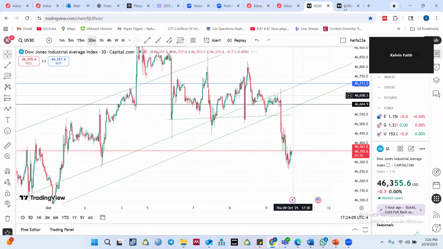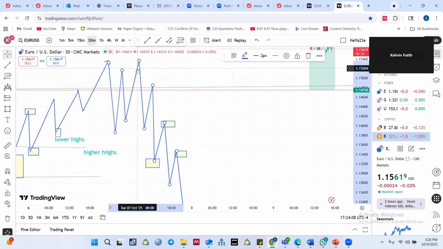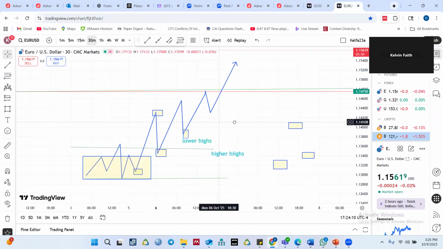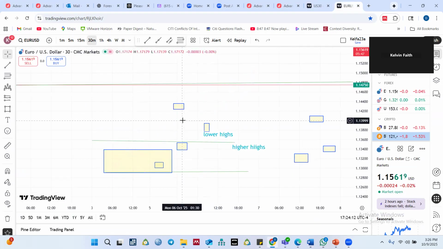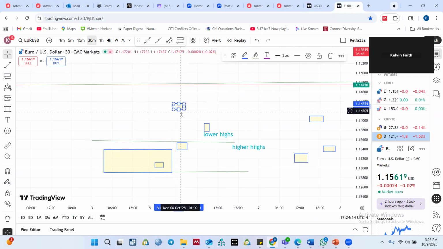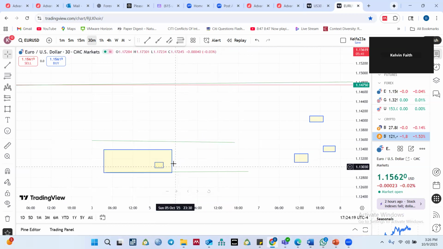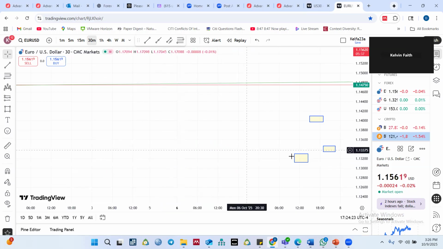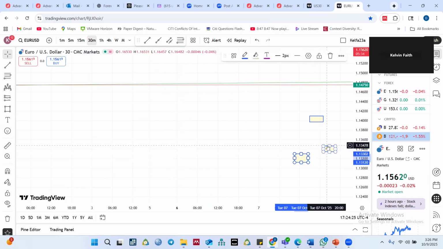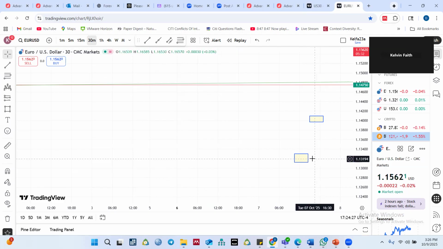We know what support is: support is where buyers will step into the market, and resistance is where sellers will step into the market. So what is then precision or magic about that?